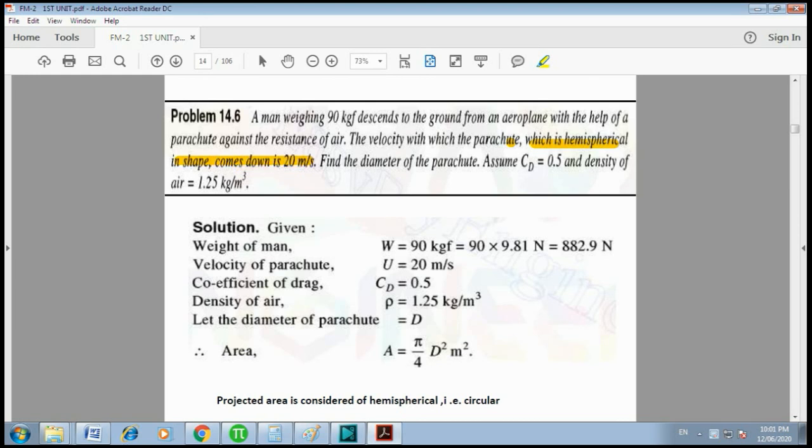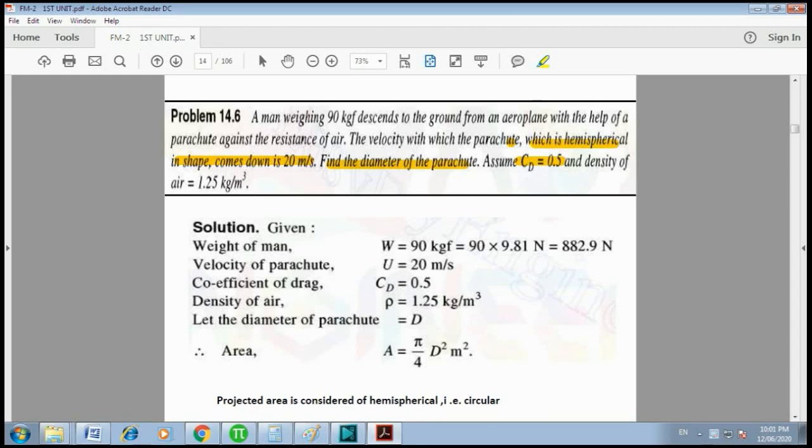Find the diameter of the parachute. Assume CD is equal to 0.5 and density is equal to 1.25 kg per meter cube. So a man is coming down with the help of a parachute, and he will face some air resistance.